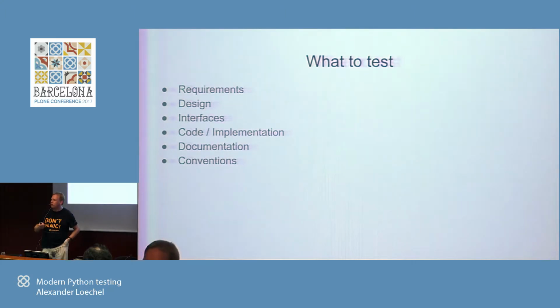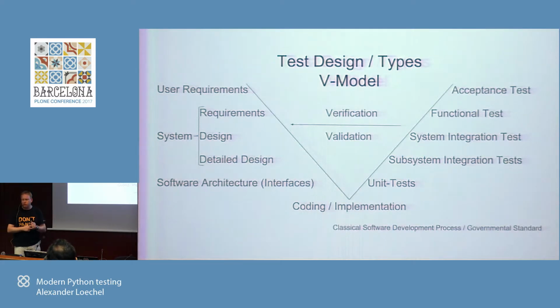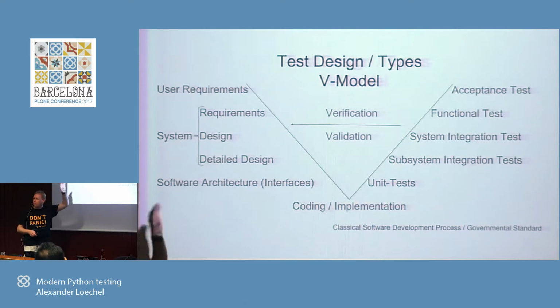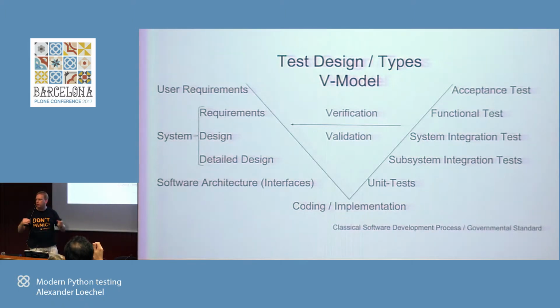If you start from the different sides, normally in Germany the model is called the V-model. It's also translated in the US and so on. So you have the user requirements on the very abstract level, and you go more and more into detail. But yes, you need to test the corresponding parts. So it is about getting things to work as expected.